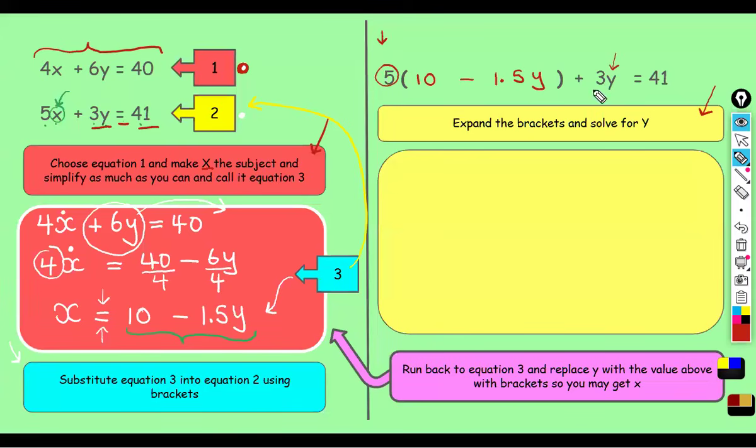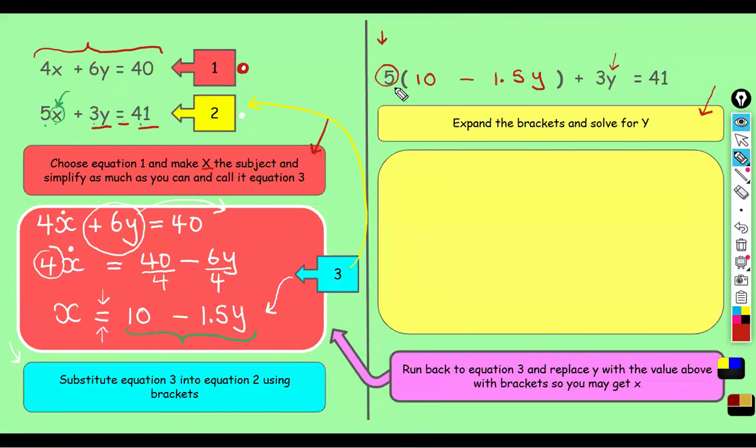This entire equation only has one type of letter in it. The only letter in front of us now is the letter y. There are no more x's to bother us. So if we solve this equation using basic algebra, we would have solved for y. Remember, the aim of the question is to find the value of x and the value of y.